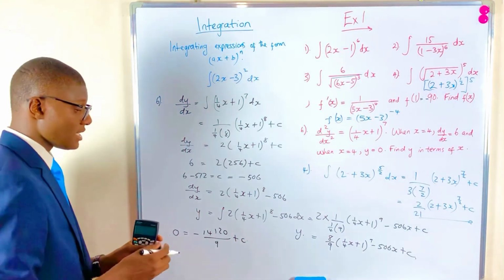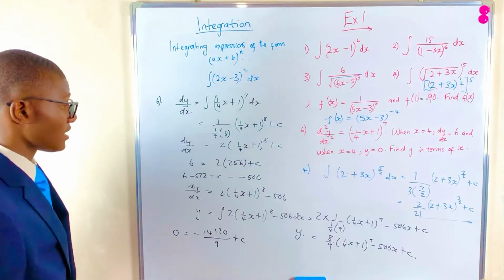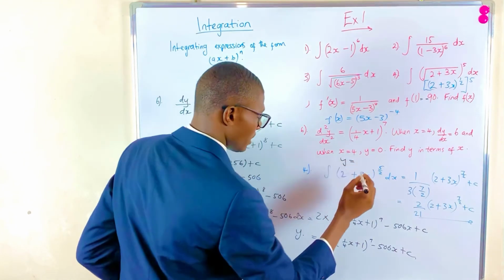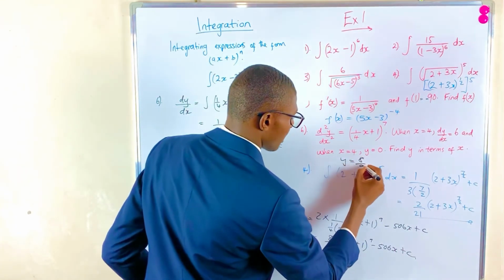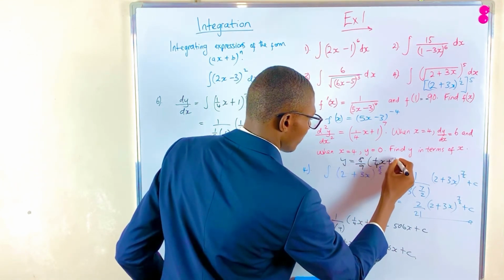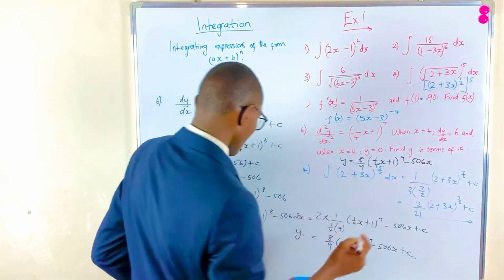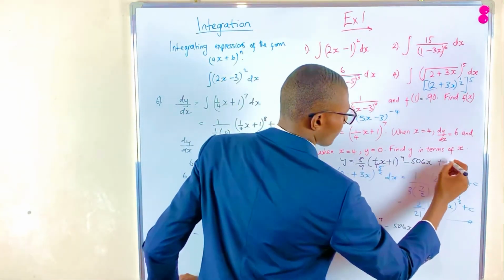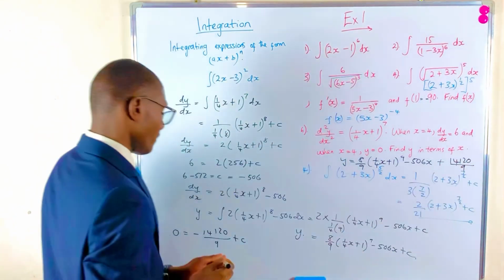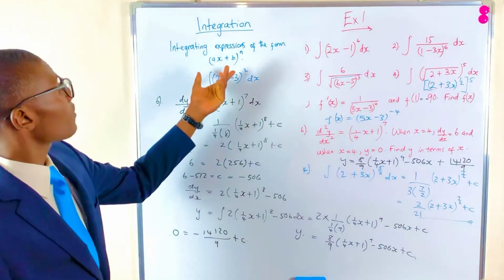So in other words, c is just 14,120 over 9, such that y, in actual fact, would be equal to 8 over 9 times 1 over (4x plus 1) raised to the power of 9 minus 506x, then plus 14,120 over 9.